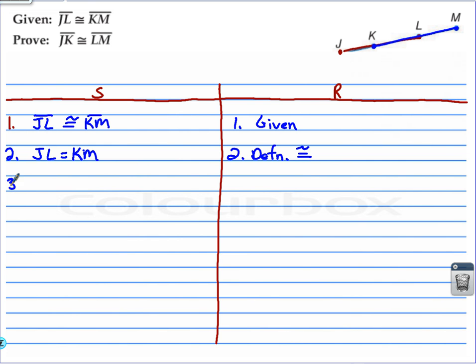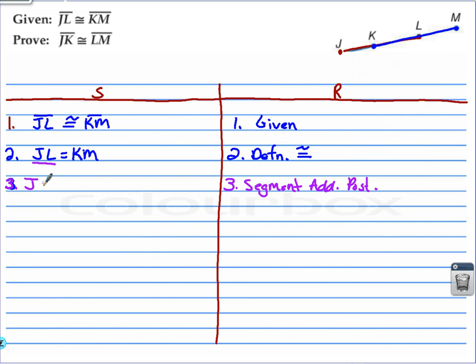Let's break it into pieces. Step number 3. And I'll go ahead and tell you, by the segment addition postulate, we don't have much to work with. We haven't had a ton of postulates, theorems. So, by the segment addition postulate, somebody tell me what adds together to give me, well, let's start with JL. What pieces make up JL?